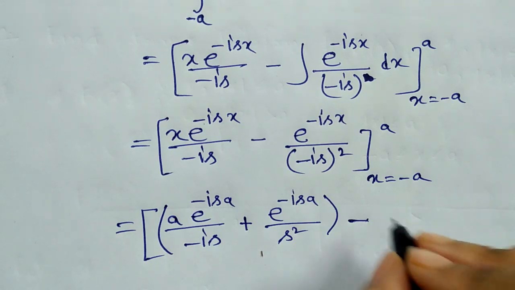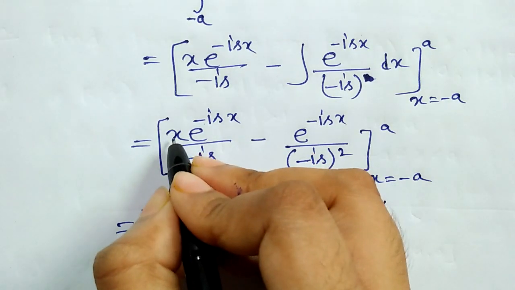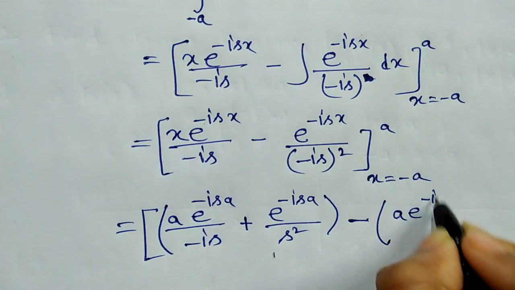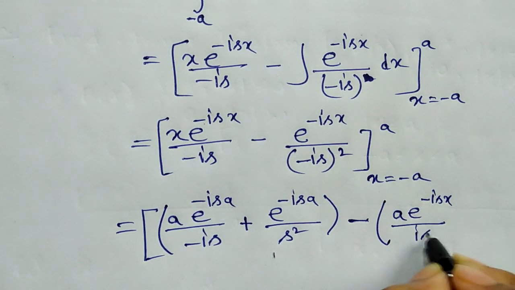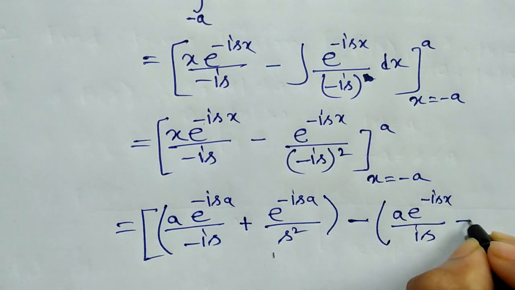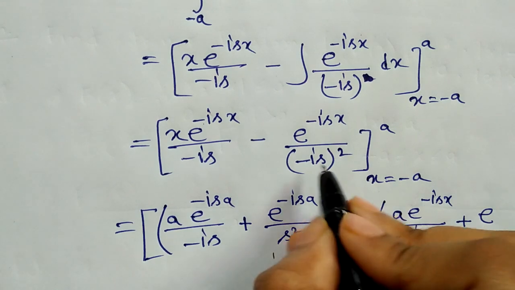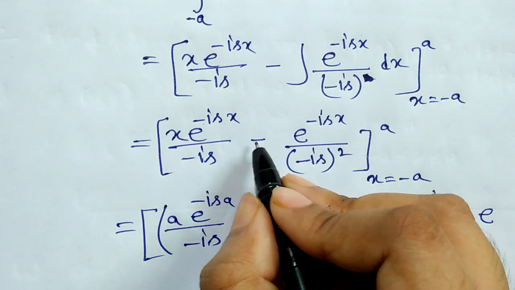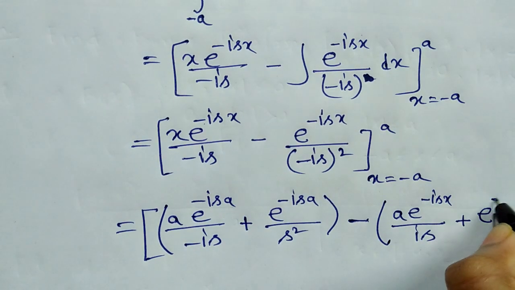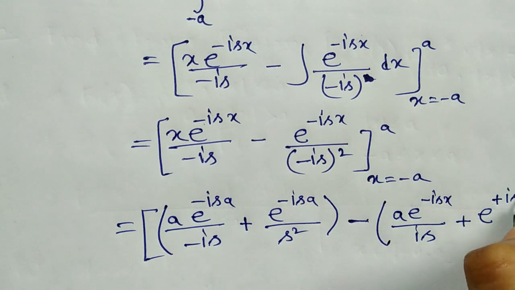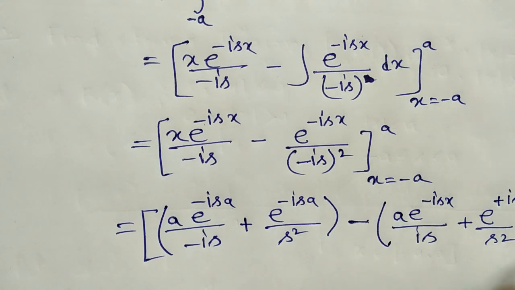Now minus this for minus a, so if we put minus a then minus minus plus a, e to the power plus isa by is, here also plus e to the power plus isa, for this i squared is minus 1, so minus 1, and this is minus minus plus e to the power plus isa by s squared. So finally we get this.